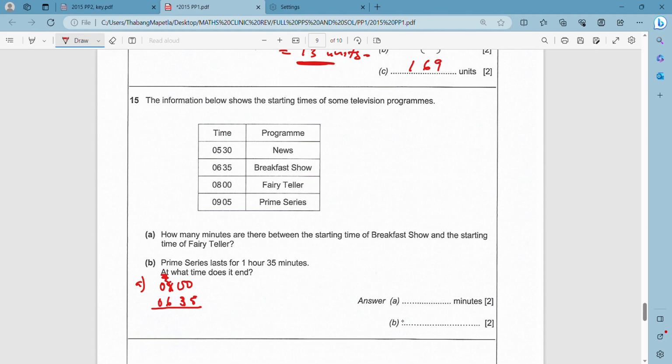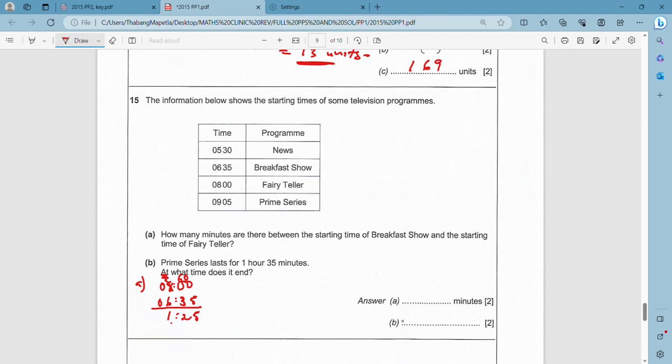That 1 hour is 60 minutes, so we have 60 plus 0, then 60 minus 35, which is 25. Then 7 hours minus 6 hours is 1. So therefore it is 1 hour 25 minutes.